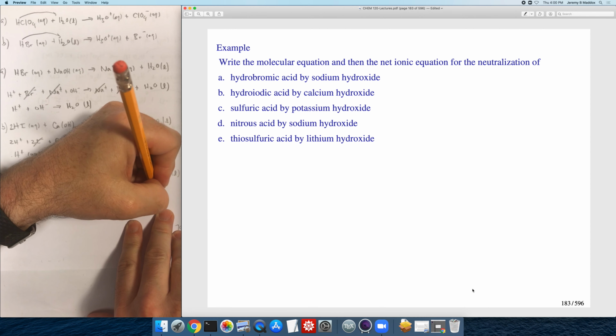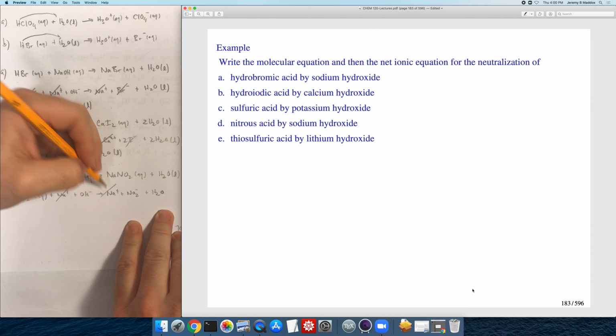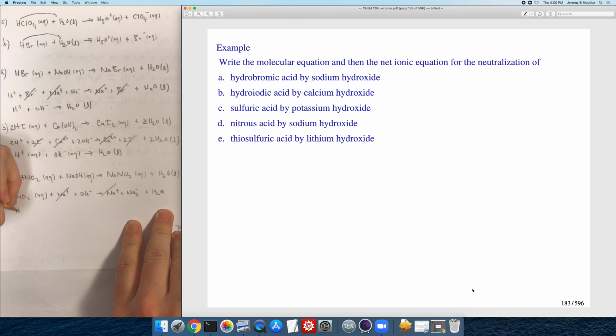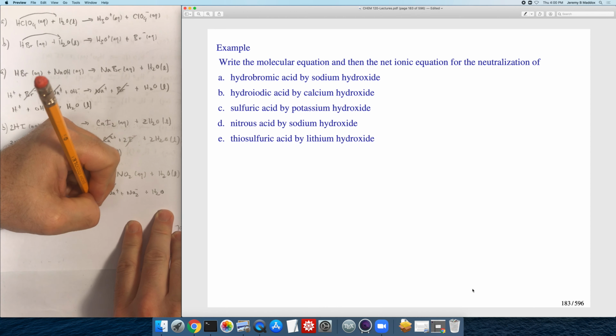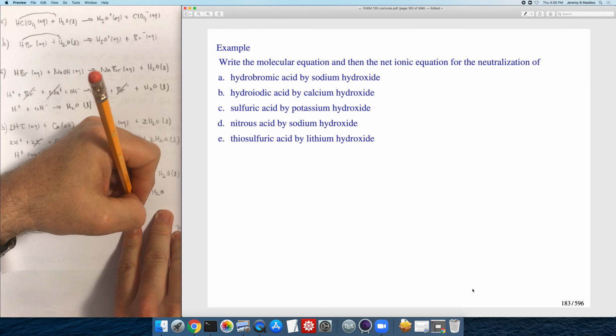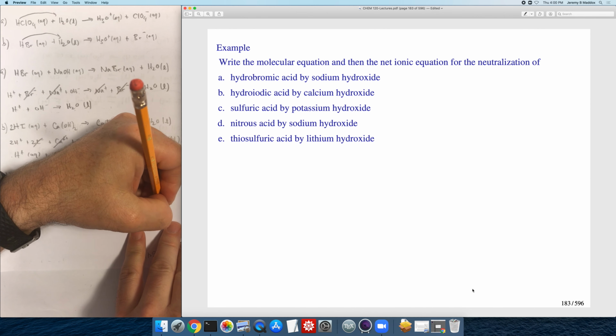And we leave the water alone. Cancel our spectators. And what are we left with? This is the net ionic equation for this weak acid, reacting with the strong base.